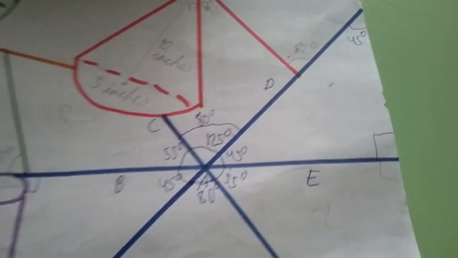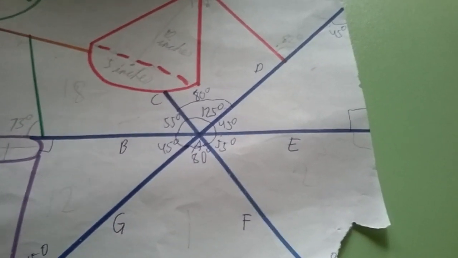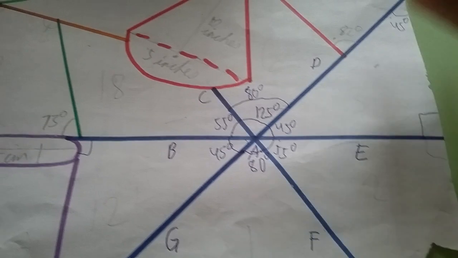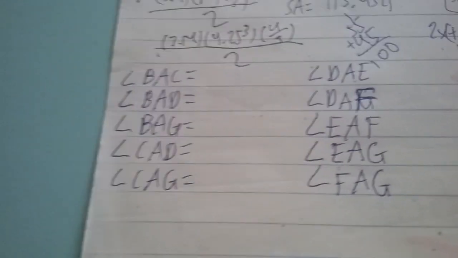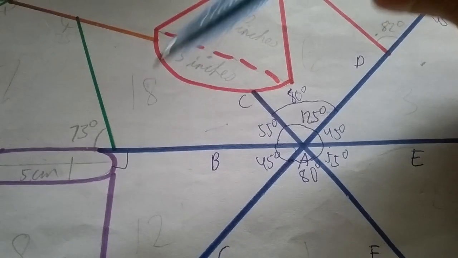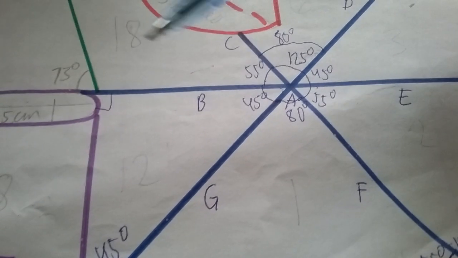Now that we already solved for everything, let's get the measure of every angle that I've listed on this paper. So we need to get the measure of angle BAC. Did we get it? We got the measure of 55 degrees. So that checks. Next, angle BAD.